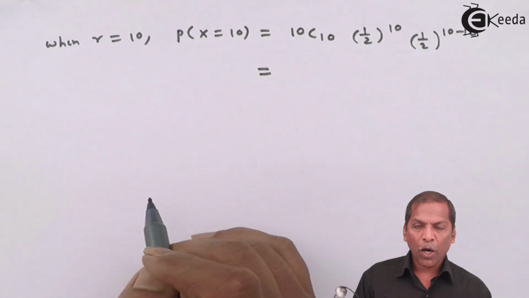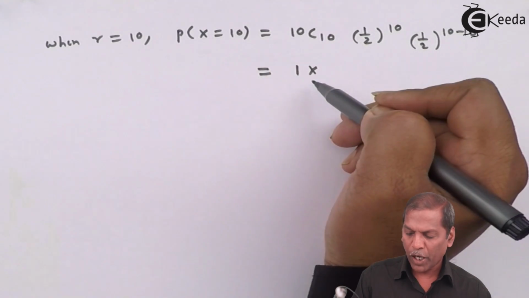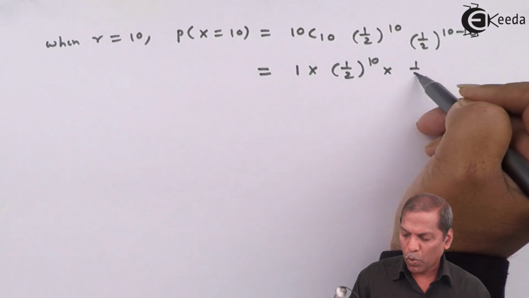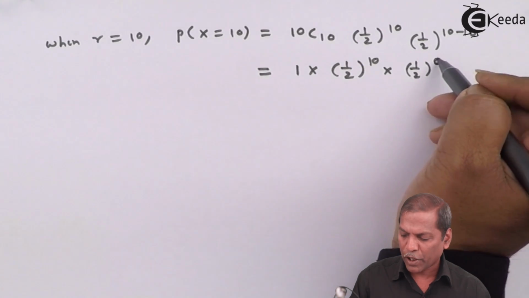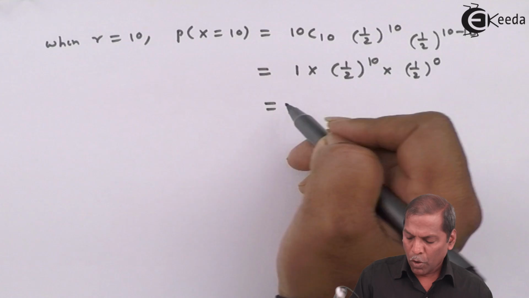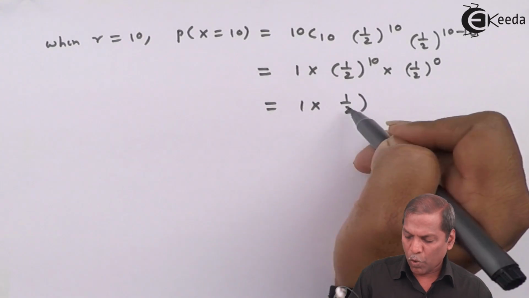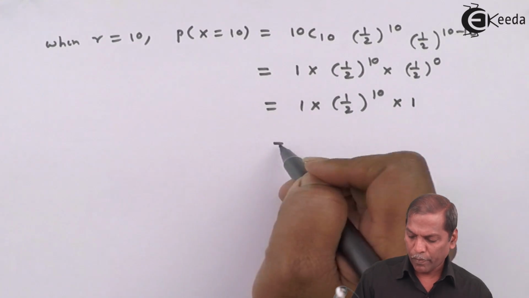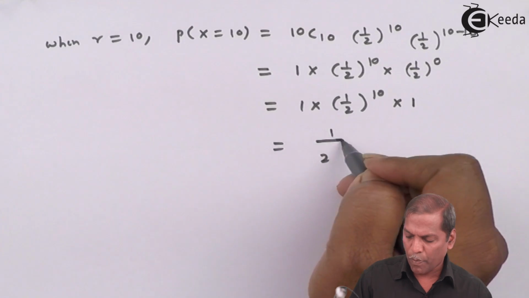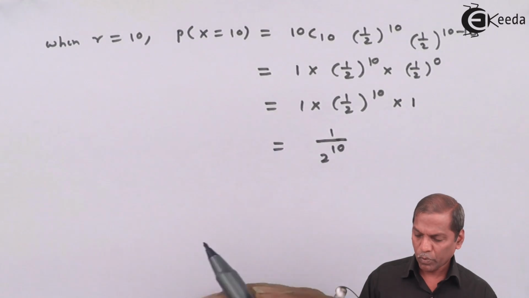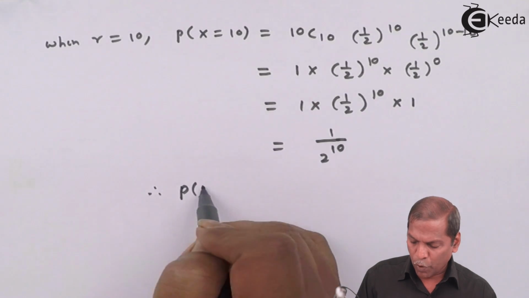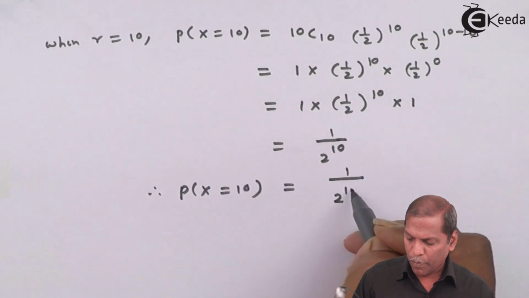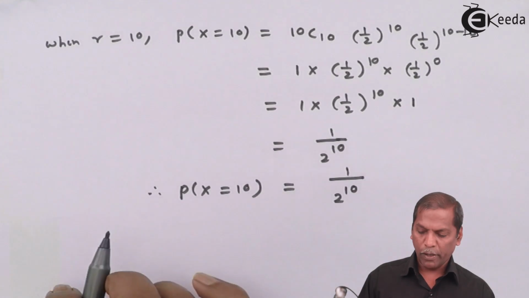So that equal to, now 10C10 gives 1, into 1 by 2 raised 10 into 1 by 2 raised 10 minus 10, which gives 0. So finally we get 1 into 1 by 2 raised 10 into 1 by 2 raised 0, we get 1. So in this way we get 1 upon 2 raised 10. Therefore probability x is equal to 10 is equal to 1 upon 2 raised 10.